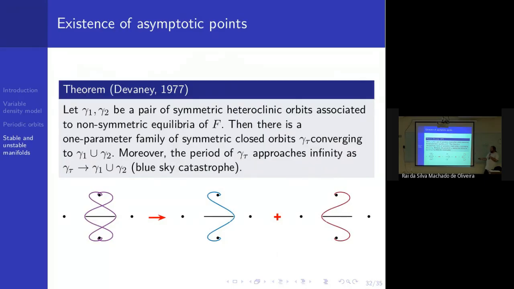That was doing some loop around here. What's happening is that this family is converging to the composition of these two heteroclinic orbits. That's why the characteristic curves were doing some kind of spiral, because the family of periodic orbits were converging to the union of the heteroclinic orbits.